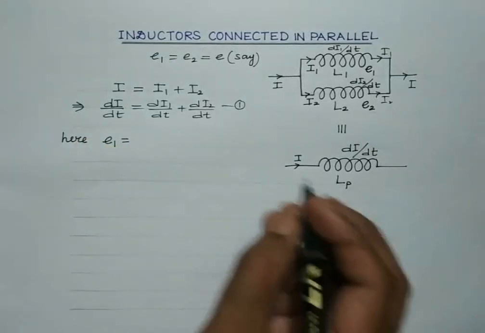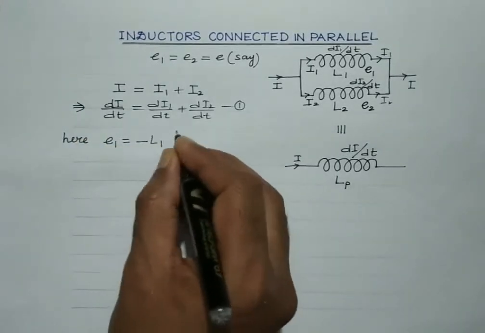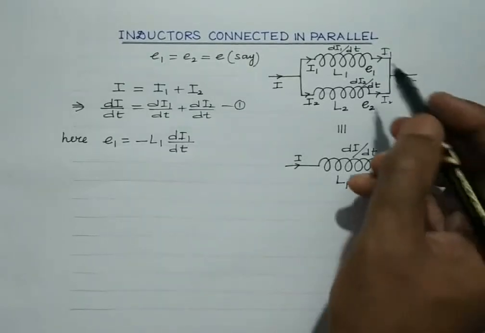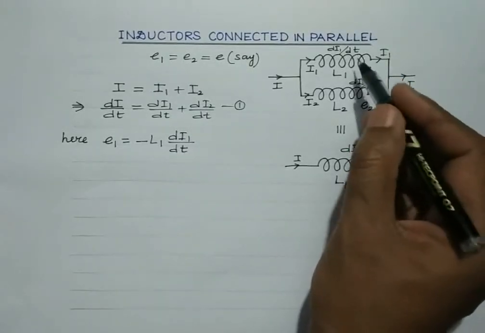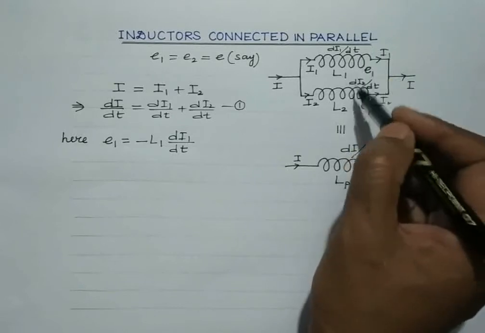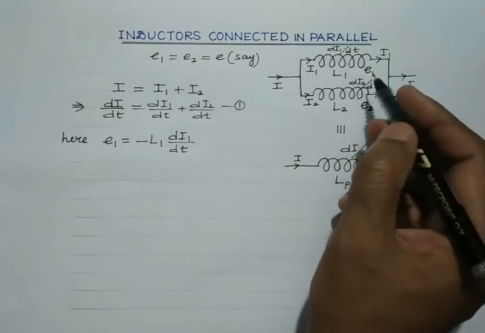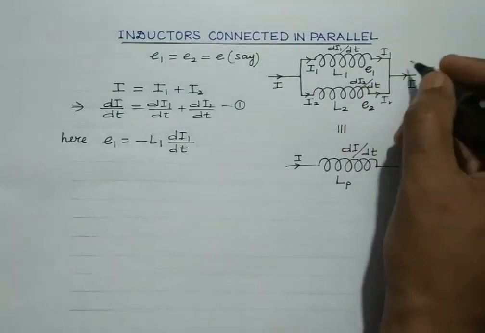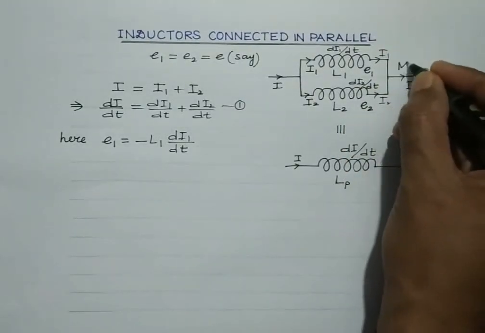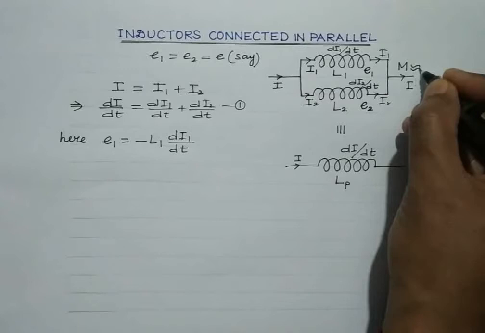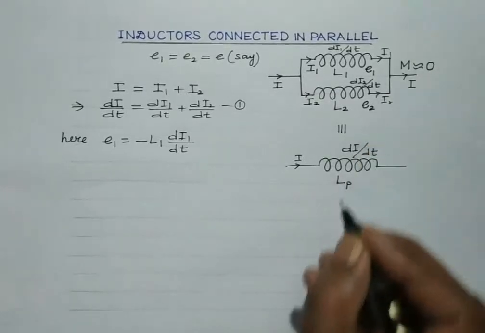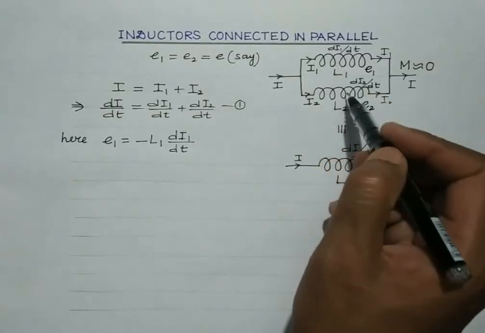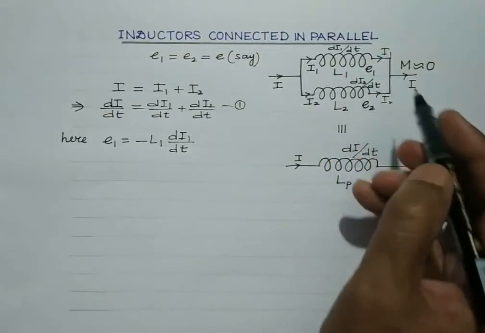Now let's consider E1. Here E1 is minus L1 dI1 by dt. Now look students, when the coils are placed or oriented in this particular manner, then the mutual inductance is almost negligible. So when the coils are connected in parallel, the mutual inductance between them is almost zero. So the EMF induced in either of these two coils will be only due to self-induction.